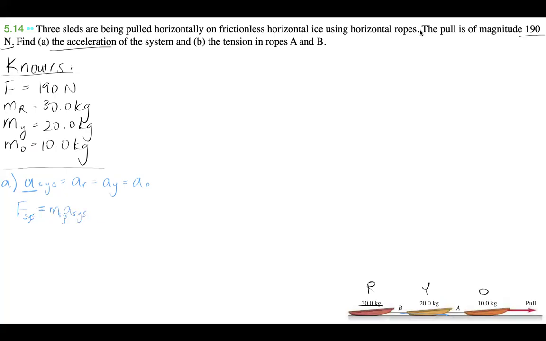So if we want to find the acceleration of the system, we just have to do force divided by mass. And that is just 190 over 30 plus 20 plus 10.